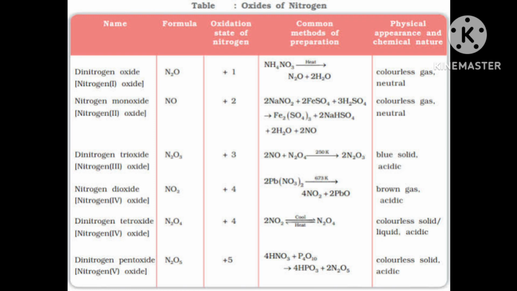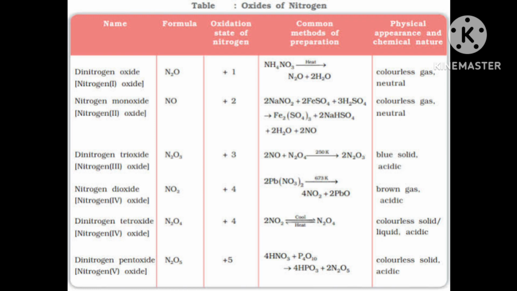And how will you get N2O4? You will get it very easily from NO2. You take 2 NO2 and you get N2O4. Here I am telling important things.